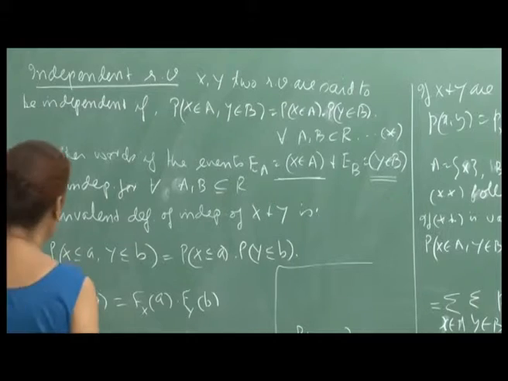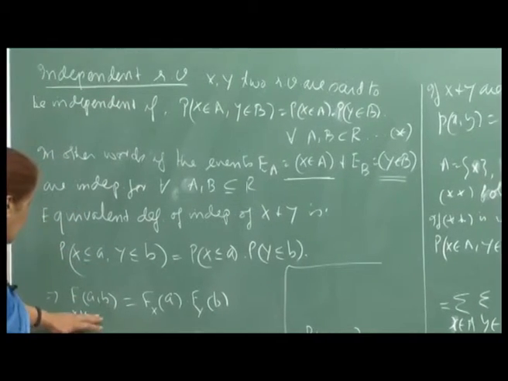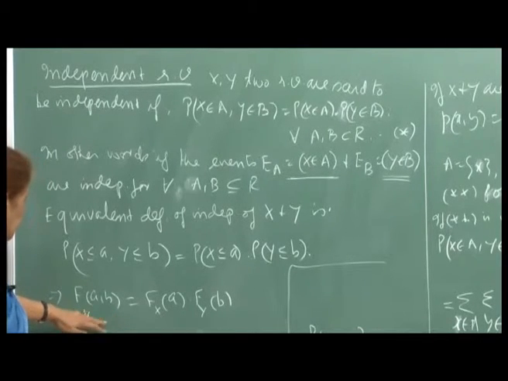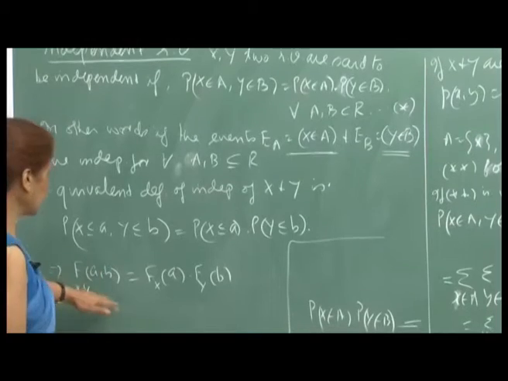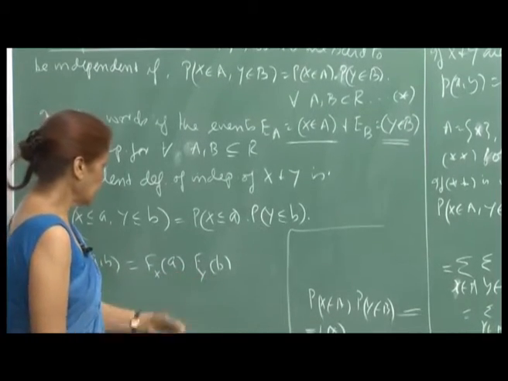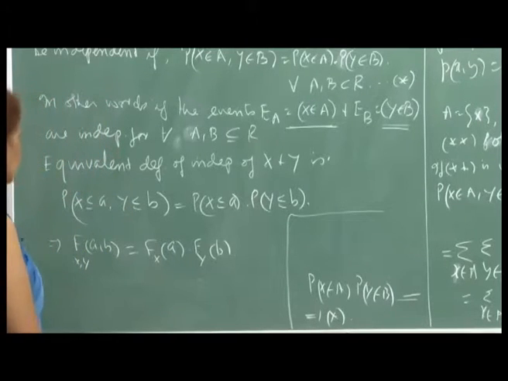So, this will immediately imply that the joint cumulative distribution function can be written as a product of the individual cumulative distribution functions.